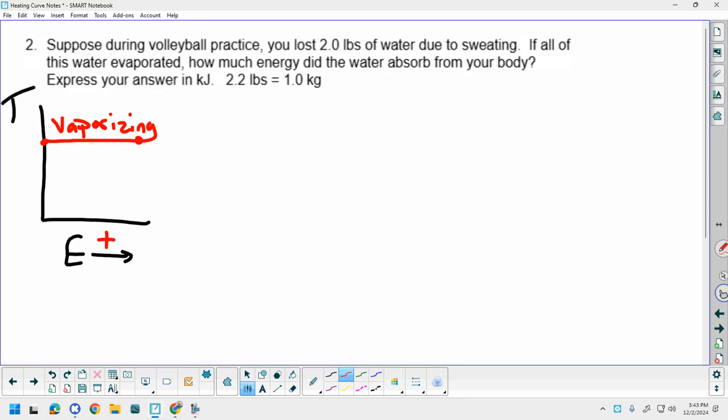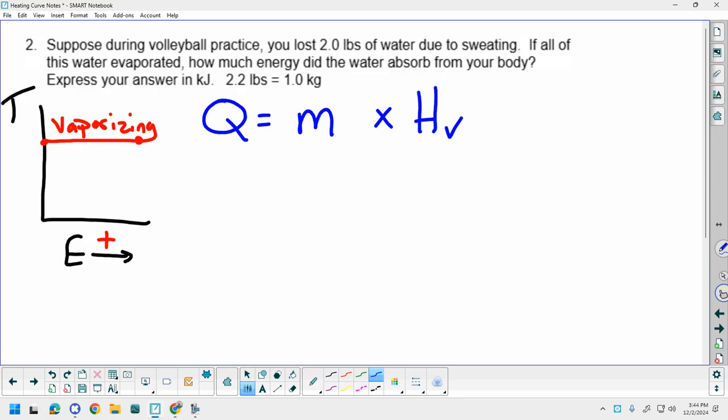Okay, so if I go back to my equations, I'm going to be looking at a phase change. So Q equals mass times heat of vaporization in this instance, because we're vaporizing this liquid water. This is the equation I want. I'm using HV instead of HF because I'm vaporizing this liquid water.